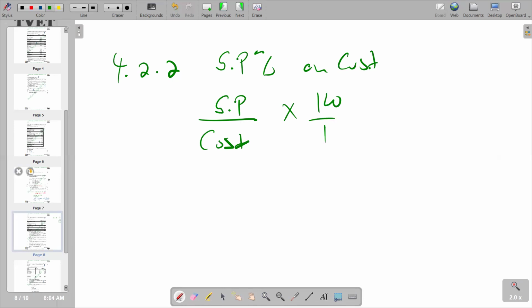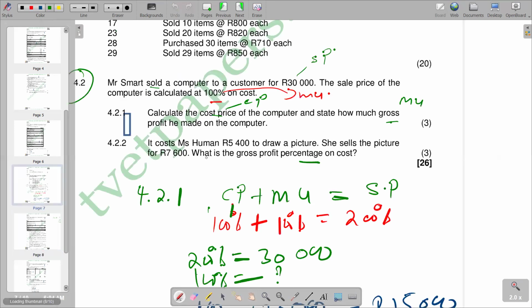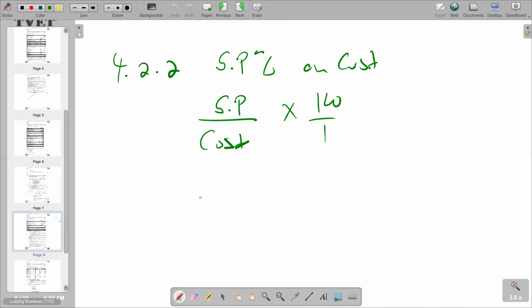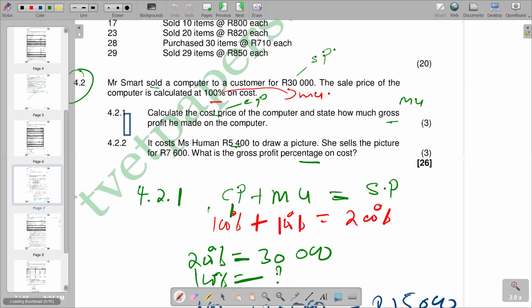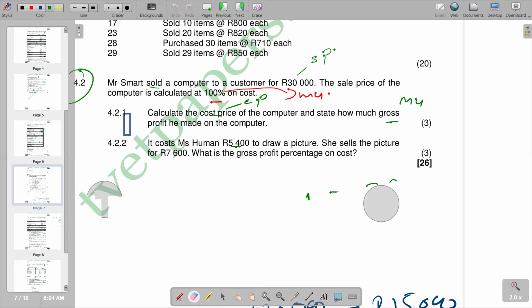So we refer back and see that the cost is 5,400. We already have the cost, 5,400, which is our denominator, and then obviously we multiply by 100 over 1. So we are left with the gross profit. Can we find the gross profit?